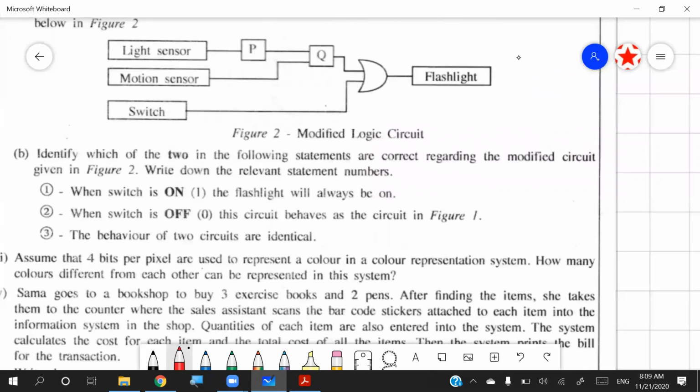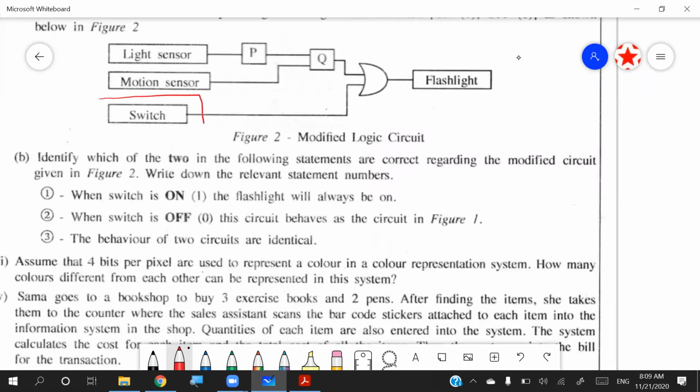Now what they are asking is, they have fixed a separate switch, which is going to be fixed with the flashlight, giving the ability to switch the light on and off separately, right? Because this is an OR gate, if you have 1 from this particular point, it is going to be 1 over here, so your final answer is going to be 1 anyway.